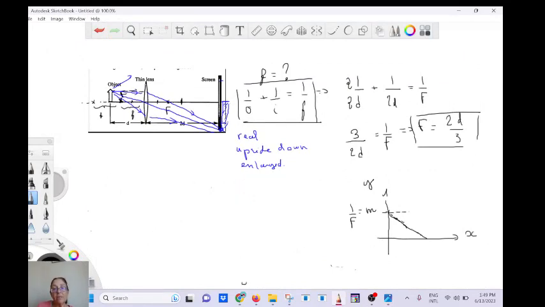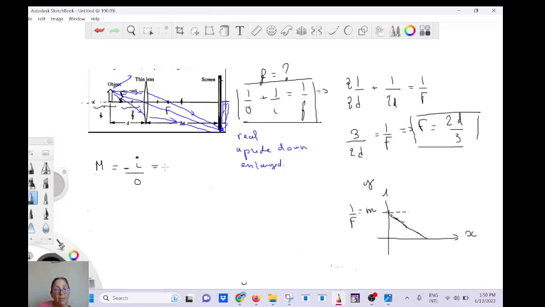The magnification. So that means the ratio between the size of the image and the size of the object. So we call that magnification. It's a factor, it's minus, by definition, the distance to the image over the distance to the object.